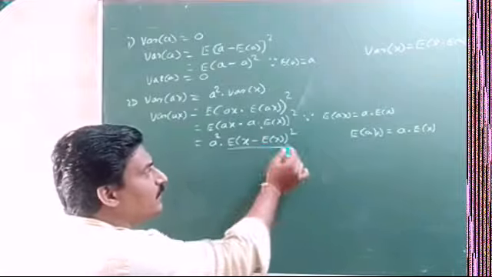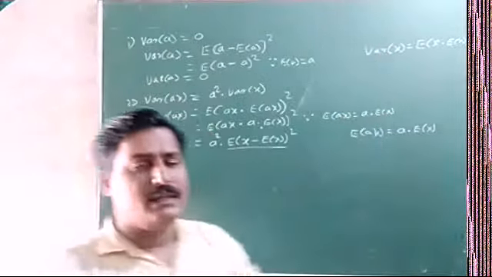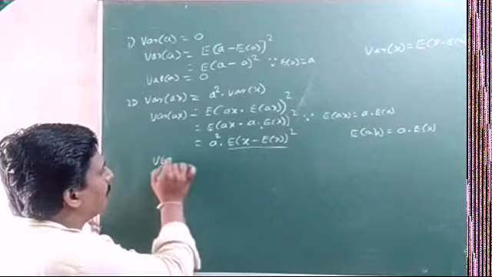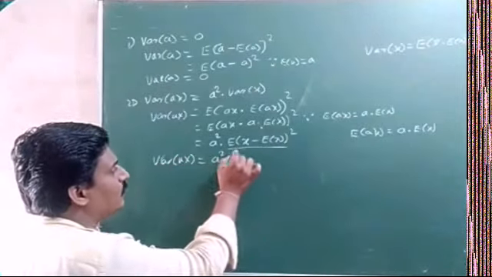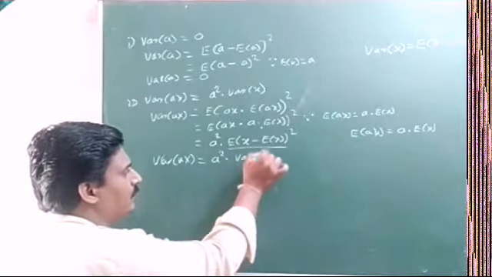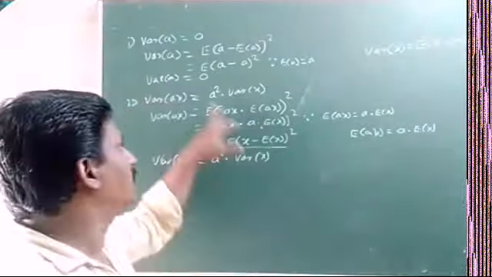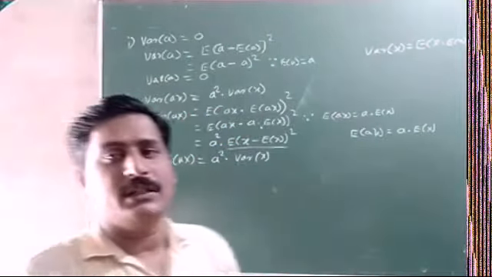So E of x minus E of x whole square is nothing but the formula of variance. So it becomes variance of a into x is equal to a square into variance of x. Hence, it is proved that variance of ax is equal to a square into variance of x.